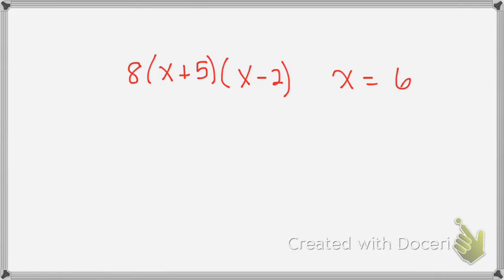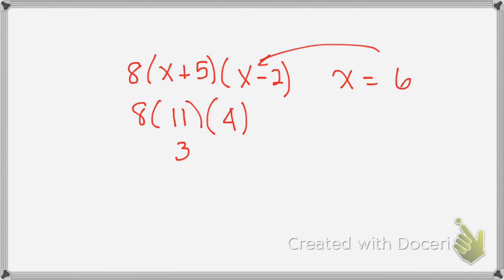The original problem was 8 times x plus 5 times x minus 2 and x equals 6. Again, plugging in 6, I get 8 times 11 times 4. I don't think I had the minus 2 in there, maybe. Yeah, I did. 4 times 8, 32 times 11, 352.